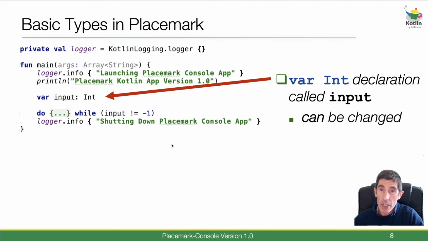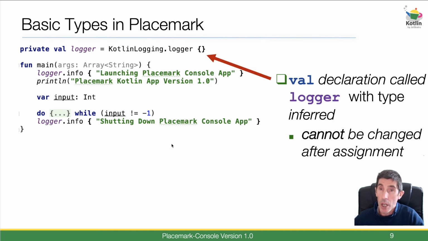We've declared it as var because this will be changing as the user enters input, as we prompt the user for input. That will change, so we have to declare it as a var variable. We'll see it in later slides. That will be used inside the do while loop. Okay.